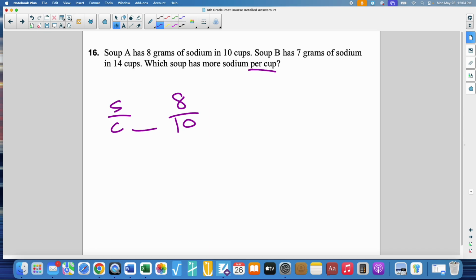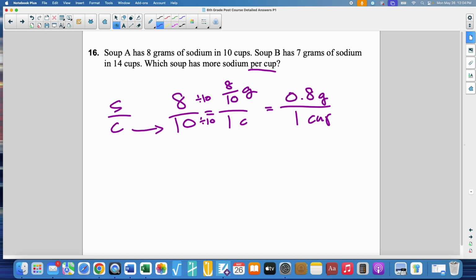So this is per 10 cups. So I'm going to make this 1. So what do we do? We divide by 10. We get 8/10 grams per 1 cup. And that is going to be 0.8 grams per 1 cup. That is for soup A.